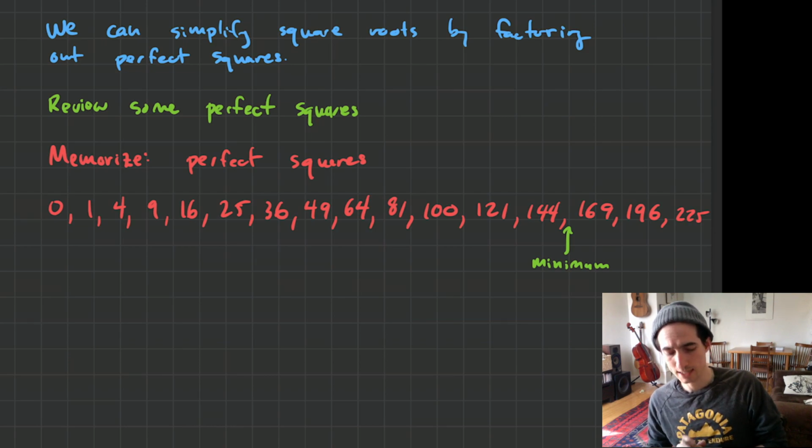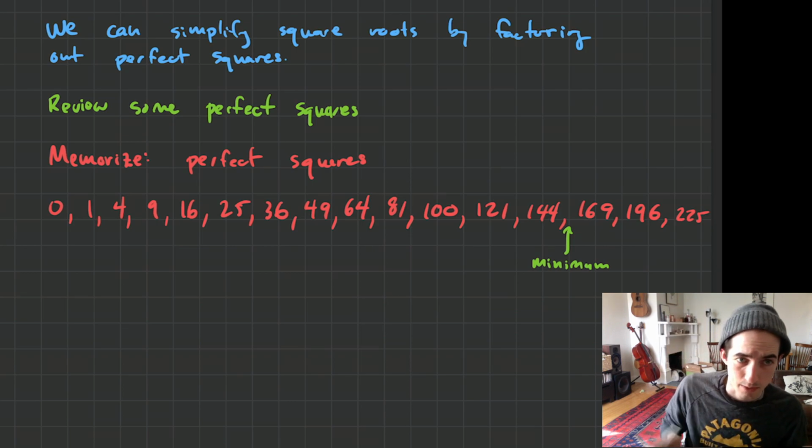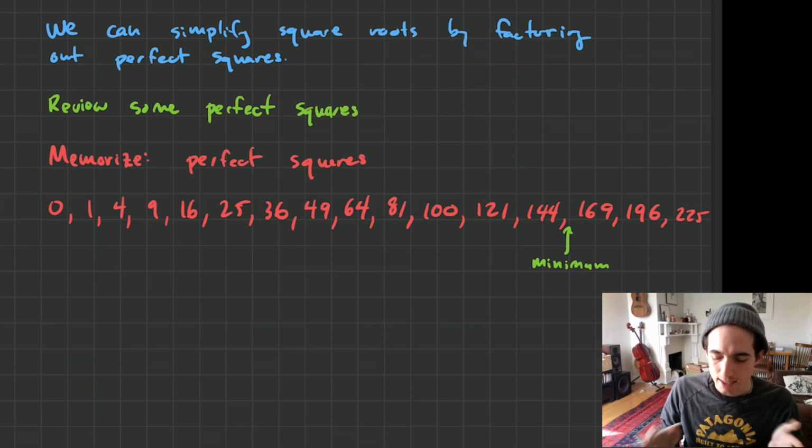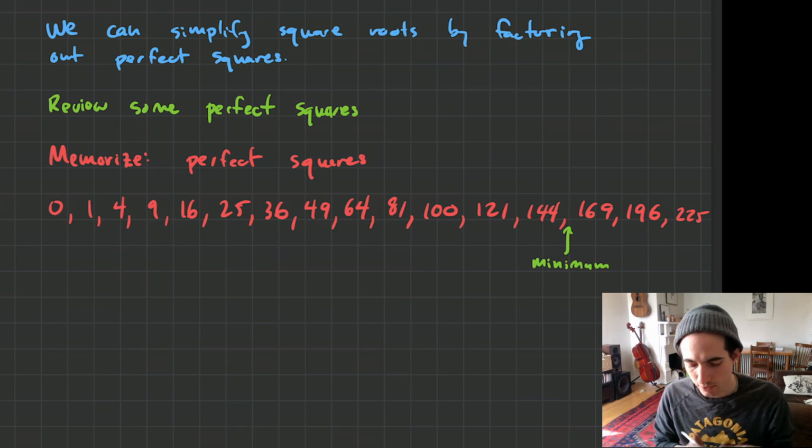When I say memorize these perfect squares, I don't mean learn how to generate them. If I gave you 5 minutes, would you be able to recreate this list? Yes, I know you could easily recreate it.